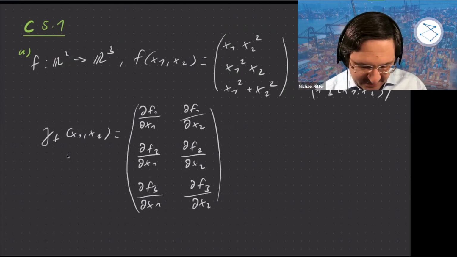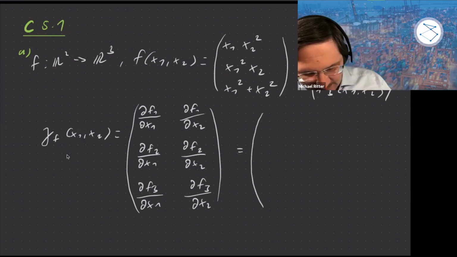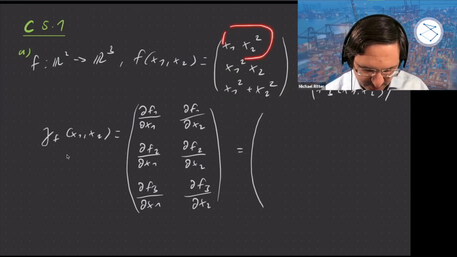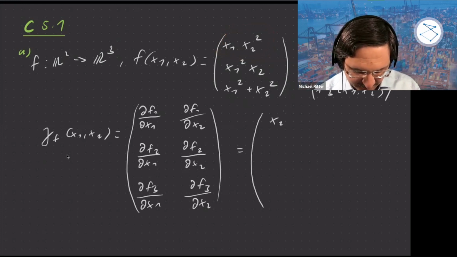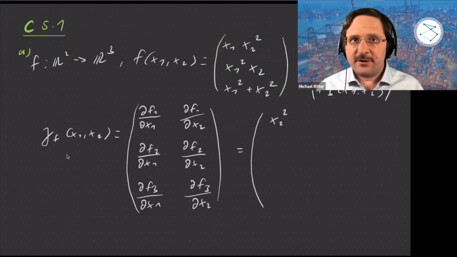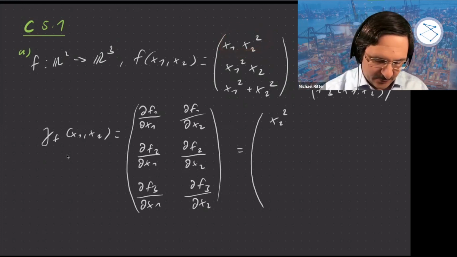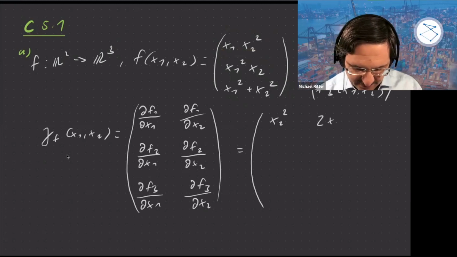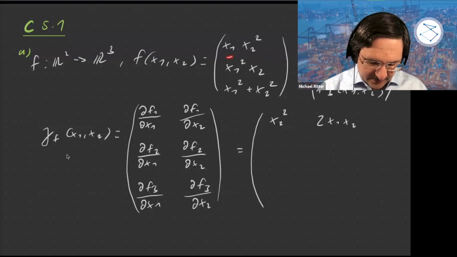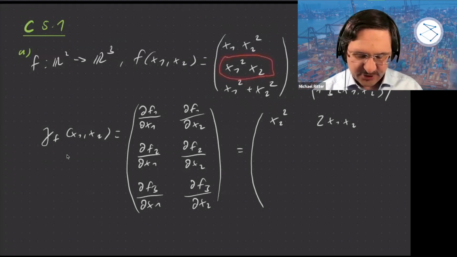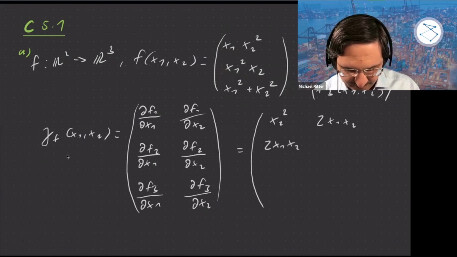Okay, so what do we get here in this example? Now, if we differentiate this function here with respect to x1, we simply get x2 squared. If we differentiate that function with respect to x2, we get 2x1 x2. Similar for this function here, differentiating with respect to x1 yields 2x1 x2.